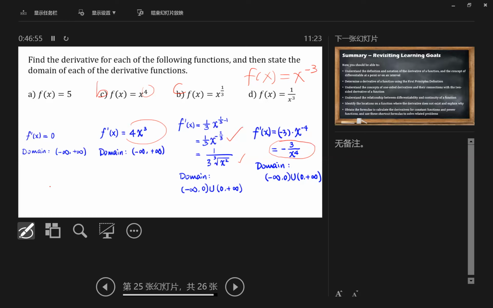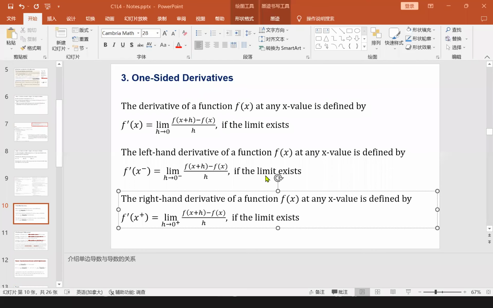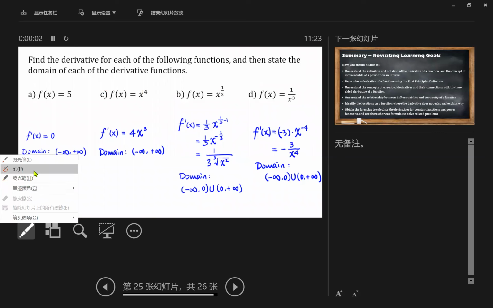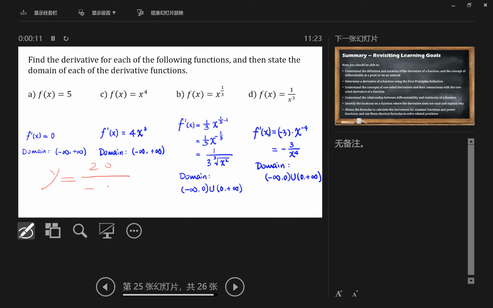Okay. So if you have a more complex expression like this, for example, if we have y equals, okay, I'll write it here. Suppose I give you a more complex expression, y equals 1 over x to the power of 5, then find the square root.